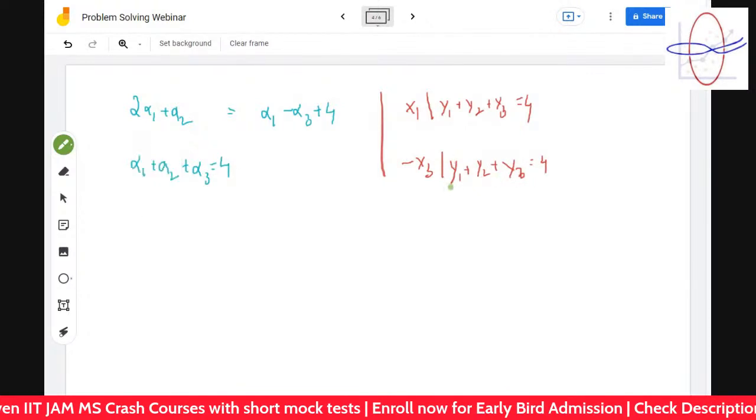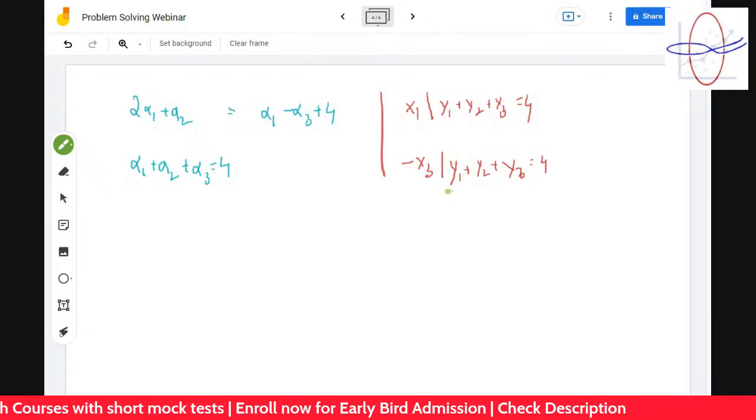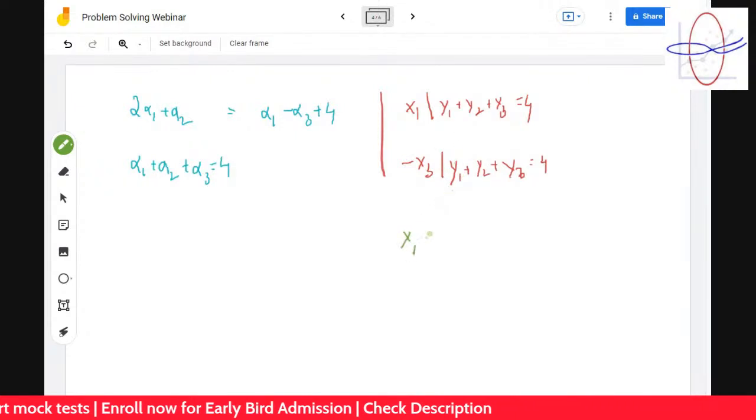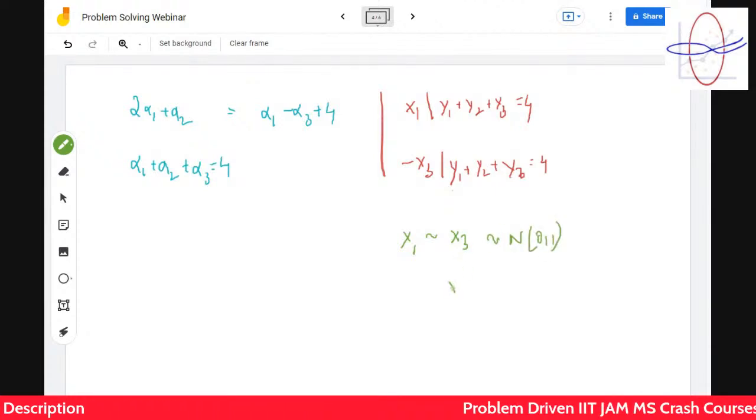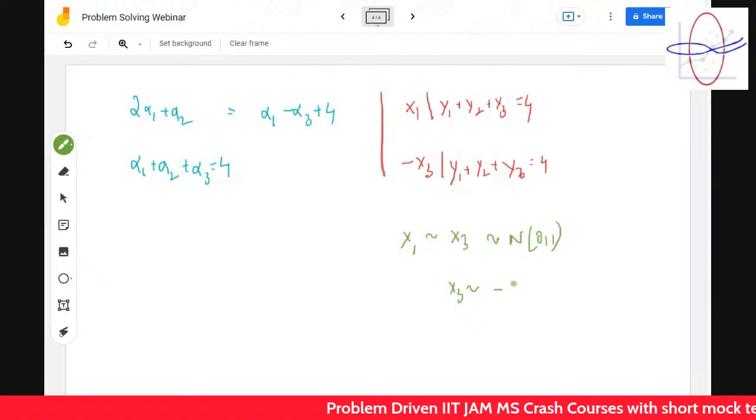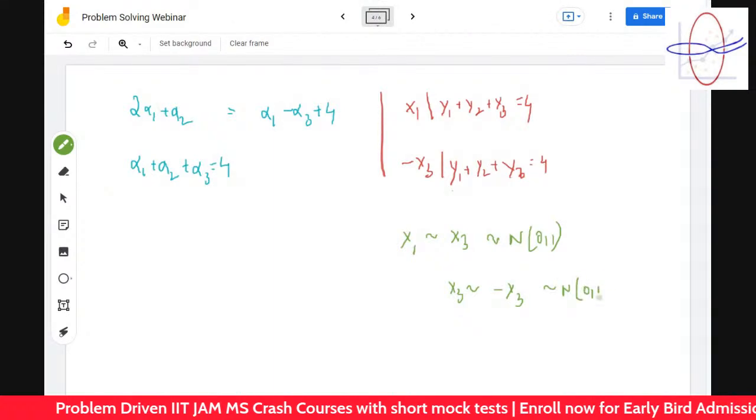Now understand this. x1 is distributed similarly to x3, right? Both are standard normal. And x3 is distributed similarly to minus x3. x3 and minus x3 are similar because it's standard normal. They are symmetric around 0.